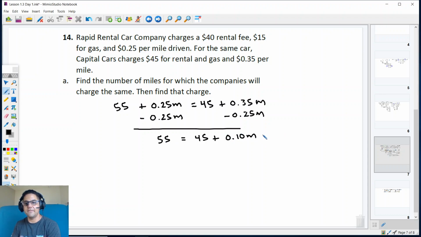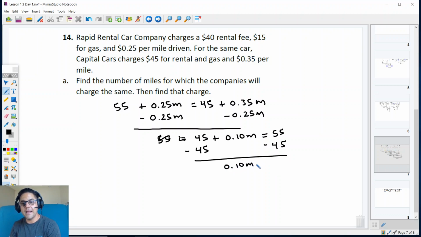I don't like the 55 there, so let me bring it over. Sorry, I forgot to write subtract. So I've got 10 cents per mile is equal to 10, and I'm going to divide. You could bring this up on your calculator really quick to find out how many miles that is.